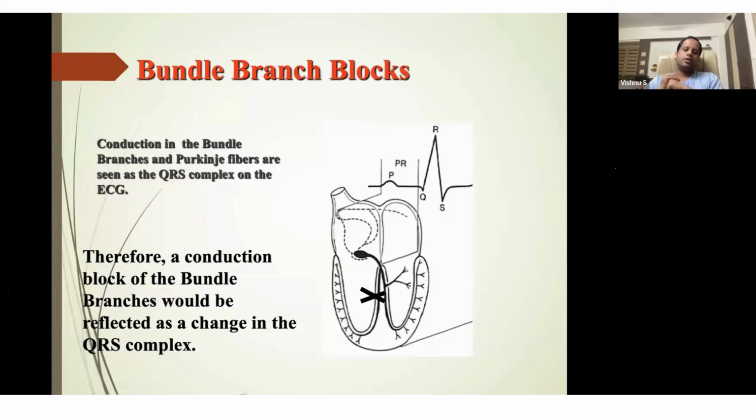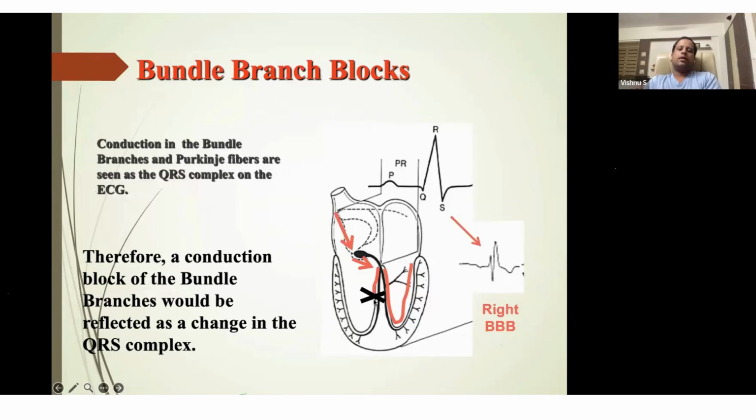Bundle branch block means a total cutoff or a delay in the conduction. In this diagram, you can see the SA node, and from the AV node conduction starts and divides into right and left. Then in right bundle branch block, the conduction through the right bundle is blocked. So the conduction easily goes through the left bundle and Purkinje cells and activates the left ventricle first.